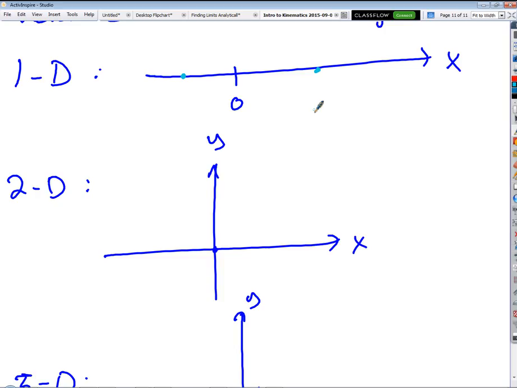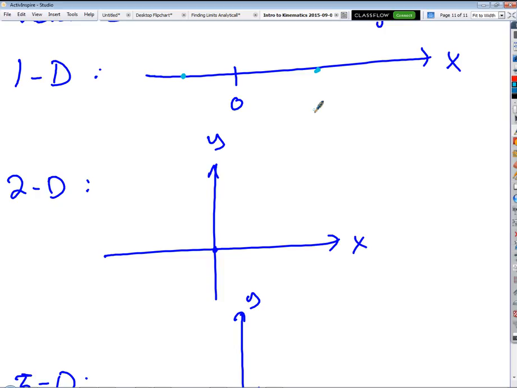I'll give you an example. Let's just say I'm constrained to walk in a line on the front of the room. So we'll make it real simple. 1-dimensional motion. If I start, let's say, right here, let's just say this is at 0, and I end out here at 5. Is that enough to describe all aspects of my motion? If I just know that I started at 0 and ended at 5 meters, let's say. What else might you want to know about my trip?